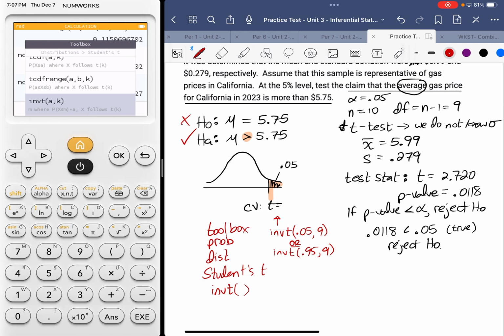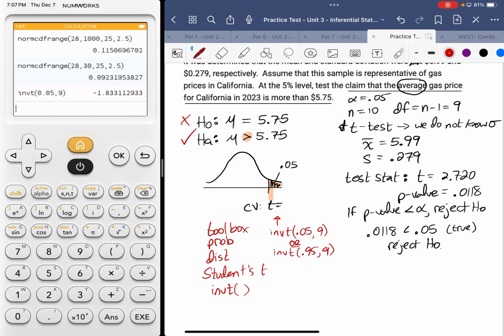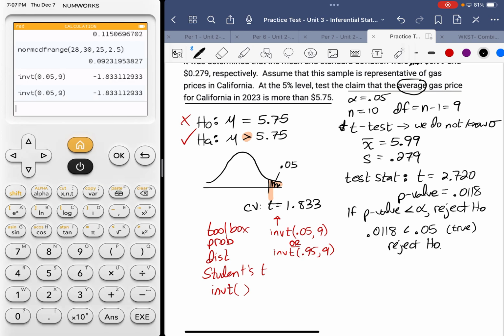The inverse T asks for the area to the left of whatever value, but you'll see that regardless of what you put in, a 0.05, it'll give me a negative number, but it's still the same absolute value. All right, so 1.833, I just dropped the negative. Or I can put in 0.95. So if it's 5% to the right, it's 95% to the left, gives me the same absolute value.